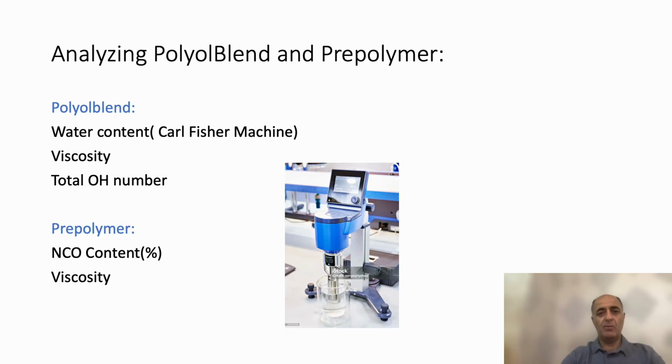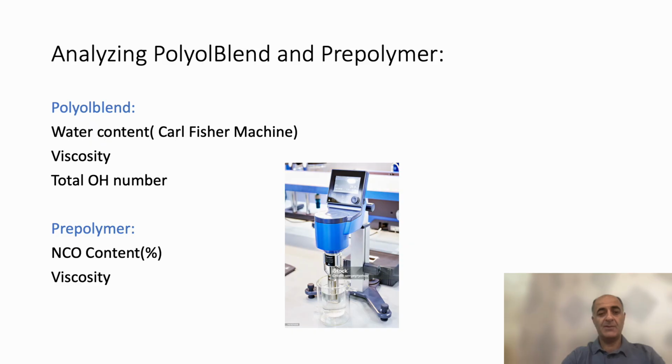After making the polyol blend and prepolymer in the previous sections, we will analyze the prepared ingredients to make the polyurethane foam. In the polyol blend section, normally we will measure the water content by the Karl Fischer machine. We will measure the viscosity of the polyol blend, and also we will measure the total OH number of the polyol blend.